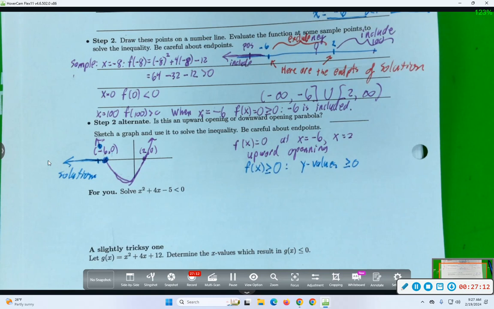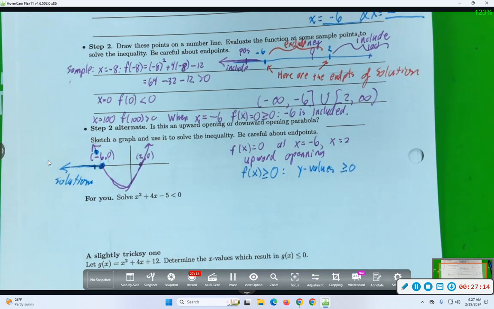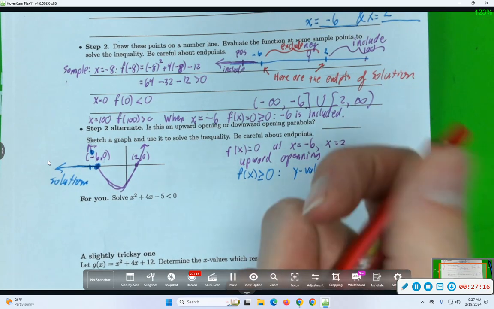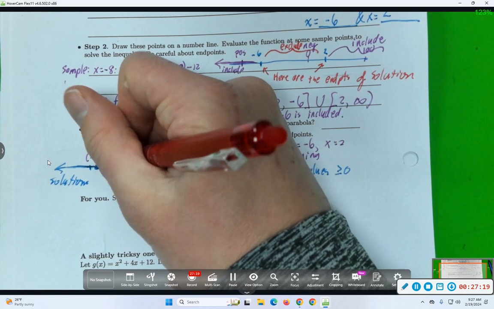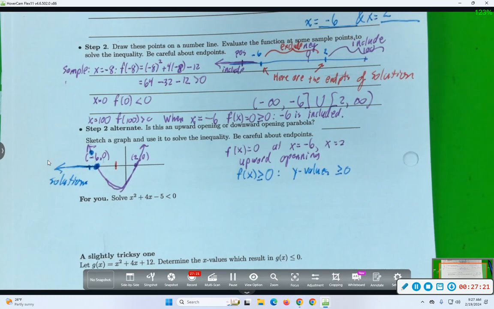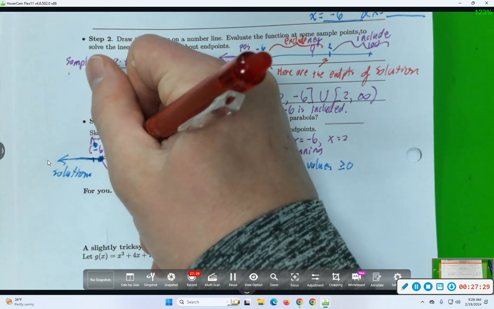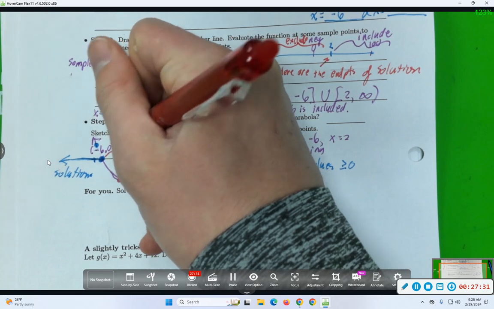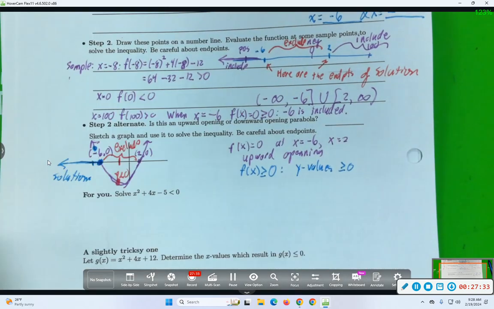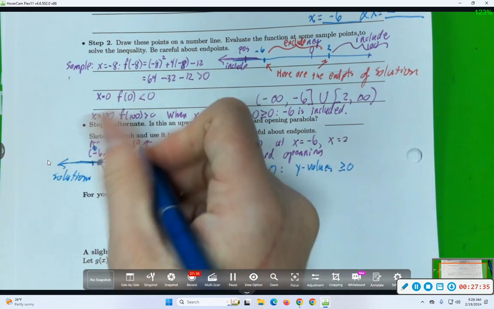I'm interested in bigger than or equal to 0, so that endpoint will be included. That x value, does it satisfy the inequality? No, the resulting y value is negative. So all of these will be excluded. And then after you get past 2, they'll be included again.